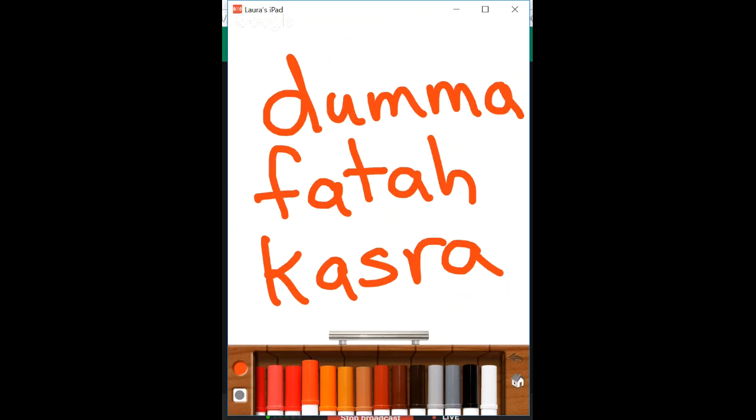Okay, so those are your short vowels. And I'll show you what they look like in just a second. You'll want to write these down. Dhamma, Fatha, and Kesra. And these correspond to the long vowels, but the sounds are shorter.